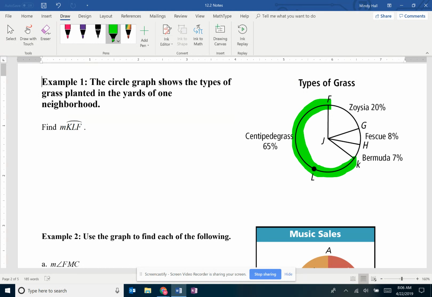So because we're trying to find the measure, it's going to be the same as the angle right here. And so in order to do that, I know that this full circle is 360 degrees, and I'm looking at 65% of my full circle. So in order to find the measure of my arc, I know it's going to be equal to the measure of that angle.